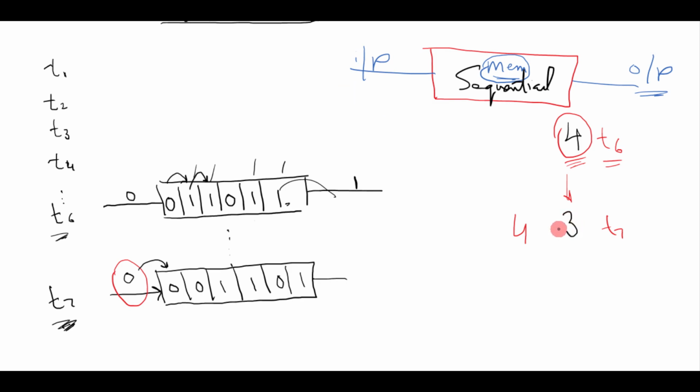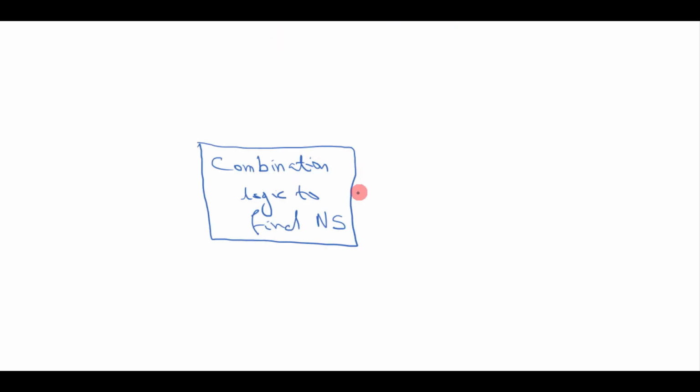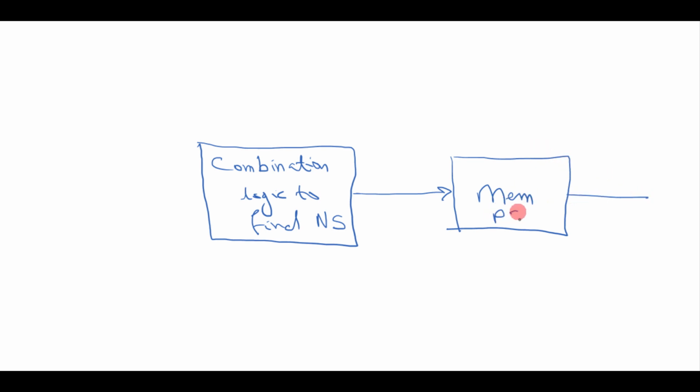Remember this is the next state, this was the previous state, and a memory to store the previous state. Here you have the previous state. This is your output, and here you have your input.